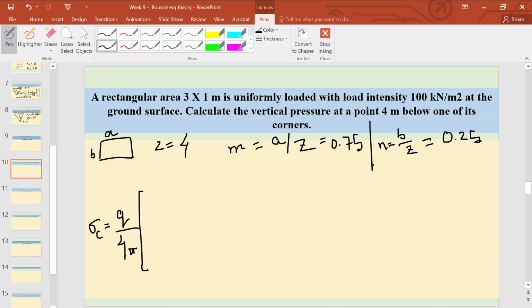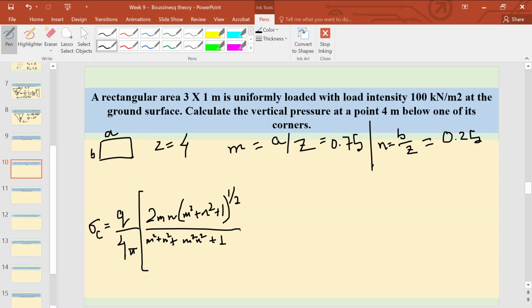Now first it is 2mn in bracket m square plus n square plus 1, this one whole to the power half, that is in root, only the bracket part, divided by m square plus n square plus m square n square, or mn whole square, whatever you can write, plus 1.